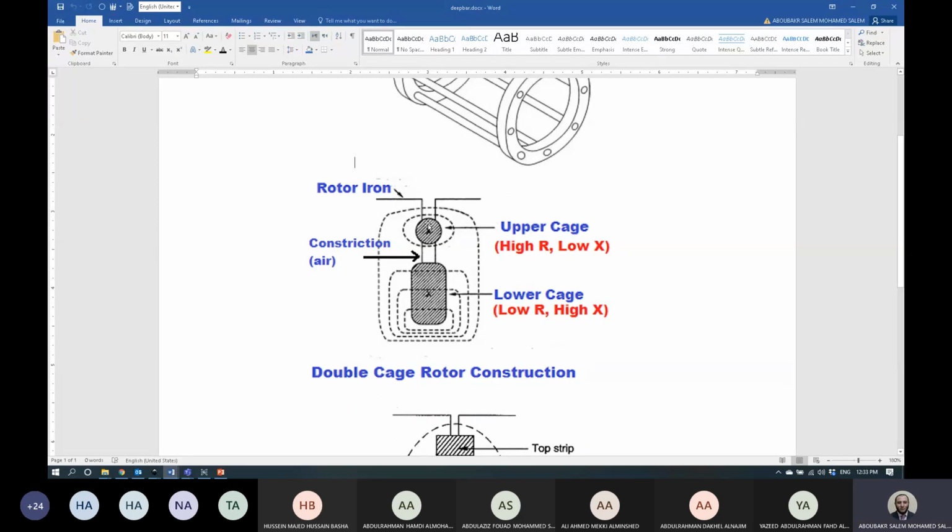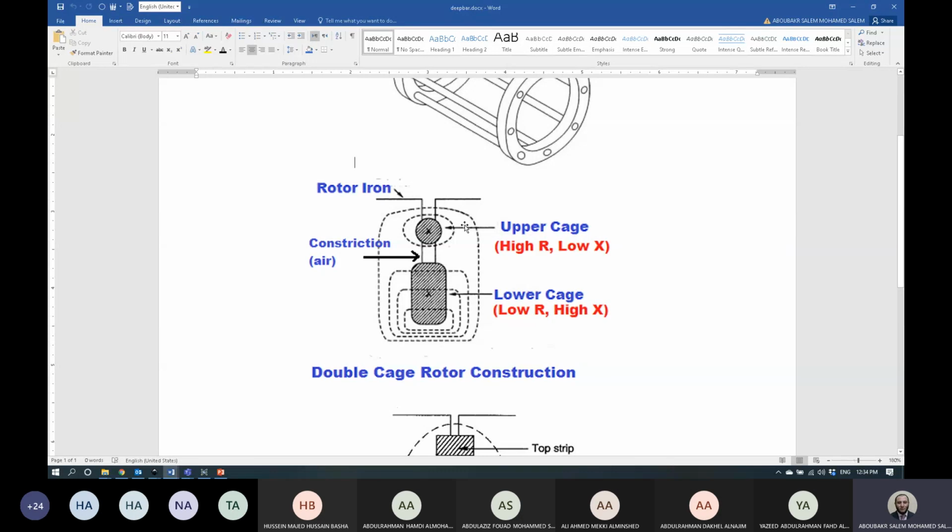One small at the outer side, close to the air gap, and the other with a high cross-section area, close to the center or shaft of the rotor. The idea is that at starting the frequency will be high, so the flux will move in this area.